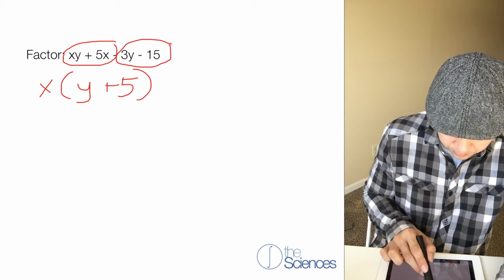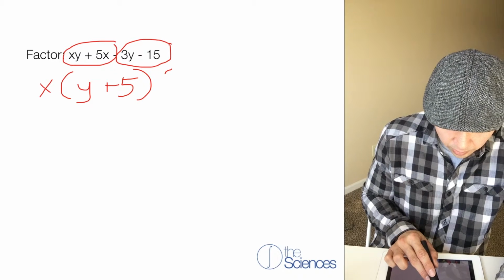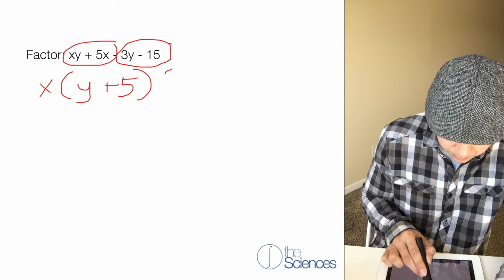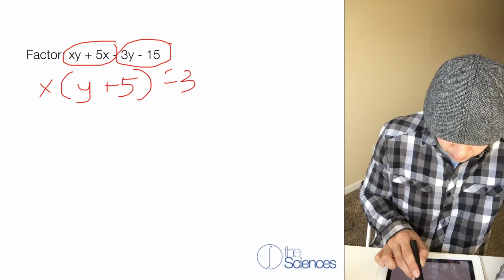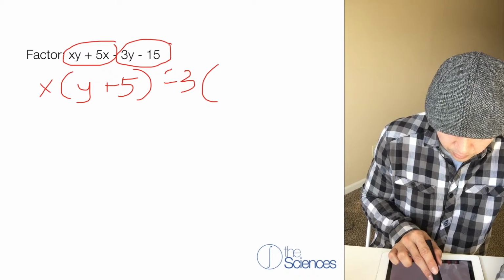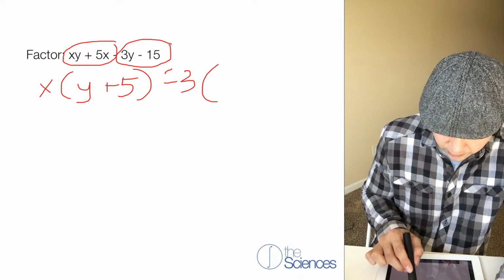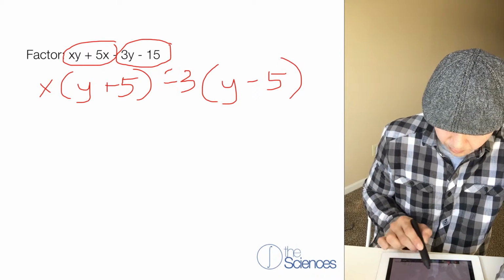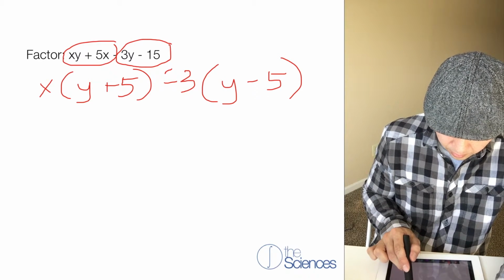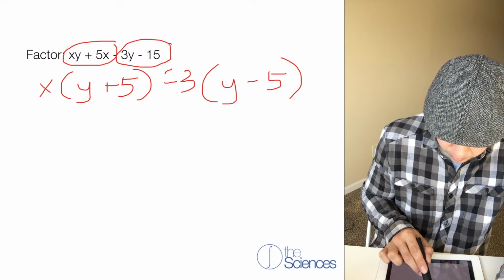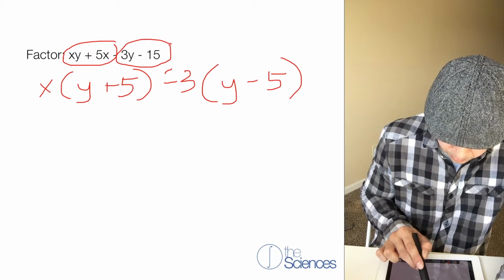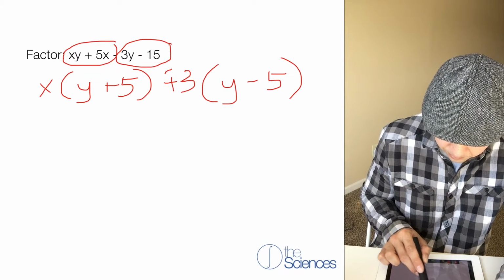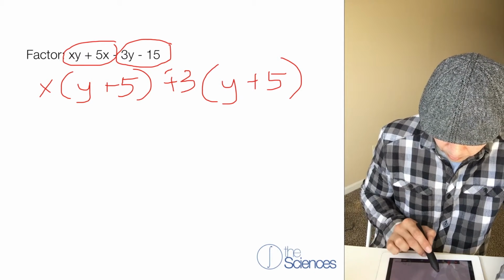Now in here, we can factor out a negative 3 from negative 3y and negative 15, so that we get y plus 5.